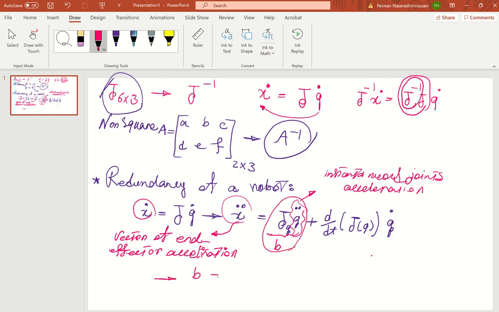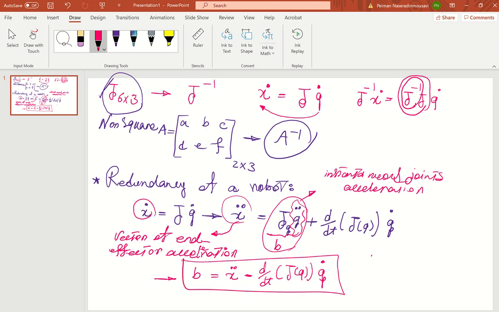So B is equal to x double dot minus d over dt of J of q, which is a function of q, your generalized coordinates, times q dot. Understand?